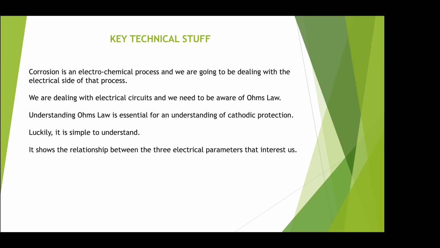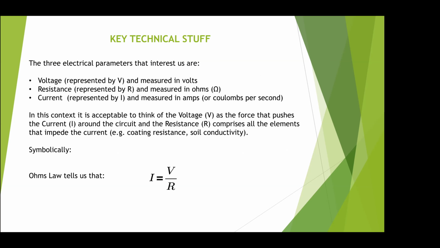An electric current is just a flow of electrons. And we define it by saying how many electrons go past a point in a certain amount of time. And there's only one law that deals with direct current in terms of understanding electrical currents, voltages, and resistances. And that's Ohm's Law. And this is the only formula I'm going to show you today. And it's very, very important because the three features that we're interested in are voltage, resistance, and current.